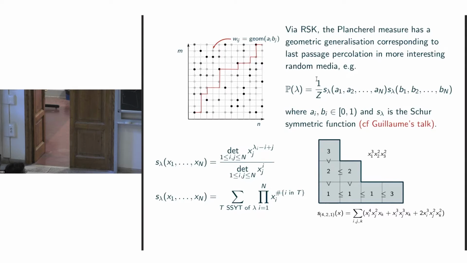So here the Schur functions will be in two sets of variables, A and B, where A and B should be between 0 and 1. And that'll give you geometric random weights on your lattice. So this is the kind of typical thing you have, and then you can also make this time dependent. You can, instead of putting a measure on partitions, define this so it's a process on interlaced partitions.